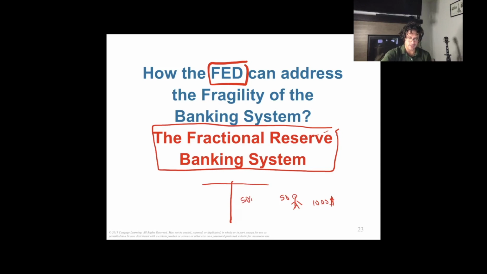So you have $50,000. And let's suppose that each one of us needs, say, $100 for weekly transactions. Well, what will happen is that every week, the bank will be required to pay $5,000 in withdrawals.